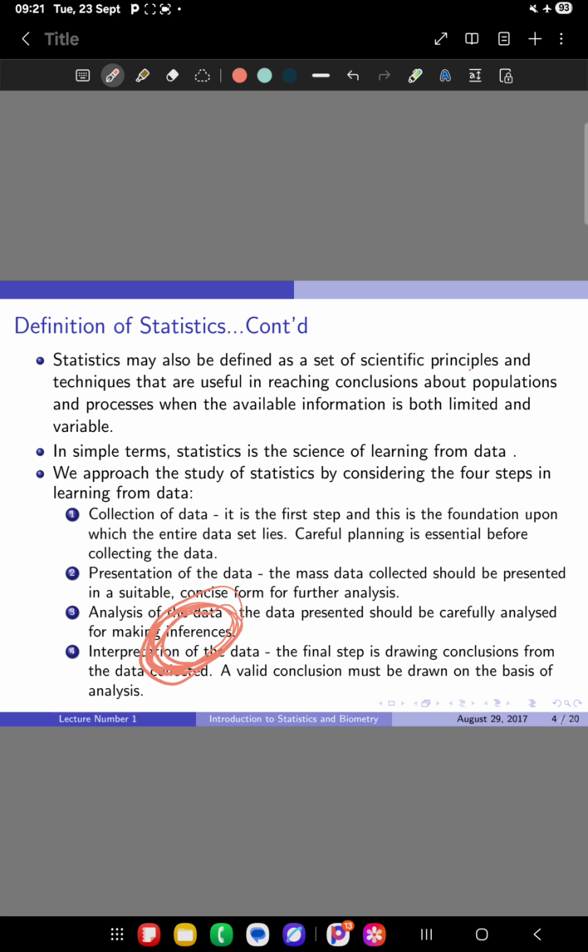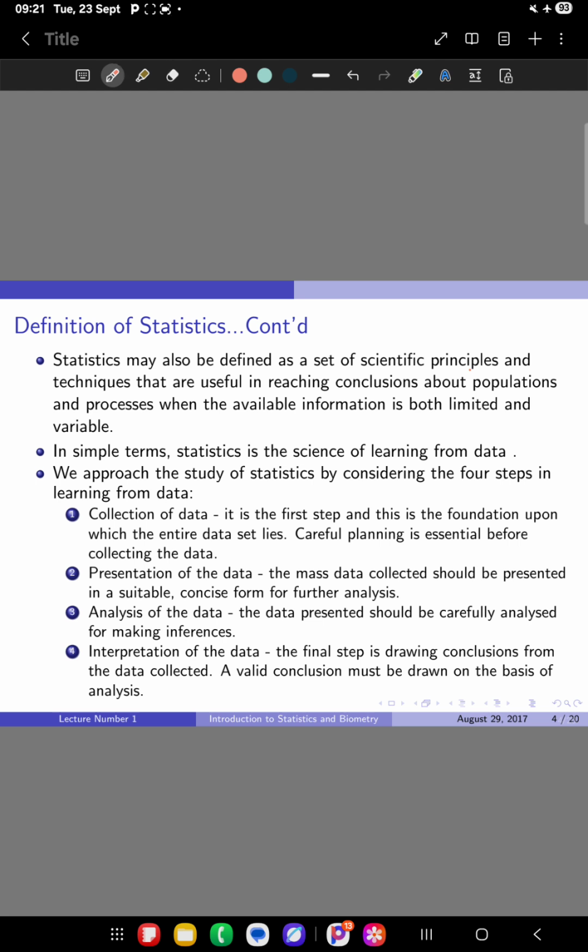That is inference. You're making a conclusion. That's the purpose of analysis. You get the important things, then you make a conclusion to say, oh, this population is skewed to the right. No, it's a normal distribution. No, these people do this and this. That's analysis.